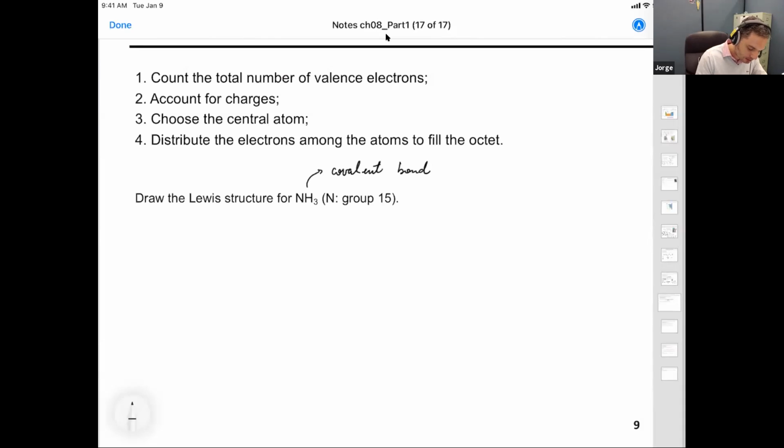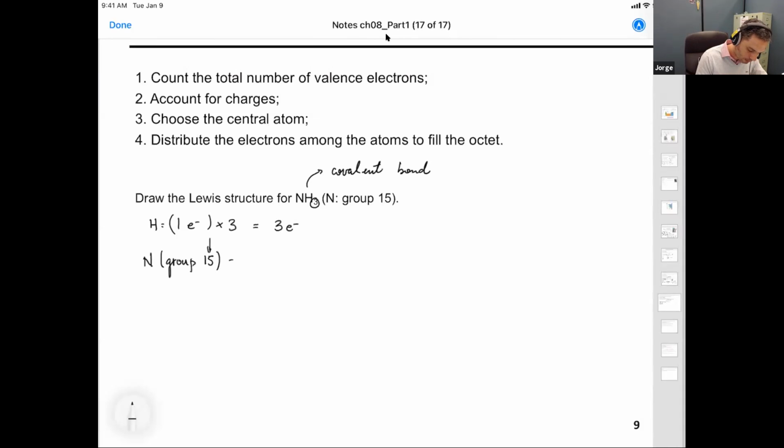Okay, so let's start counting electrons. Hydrogen has only one electron in the valence shell. However, we have three hydrogens in the structure, which will yield a total of 3 electrons. So all the hydrogens are contributing 3 electrons for the molecule. Nitrogen belongs to group 15.